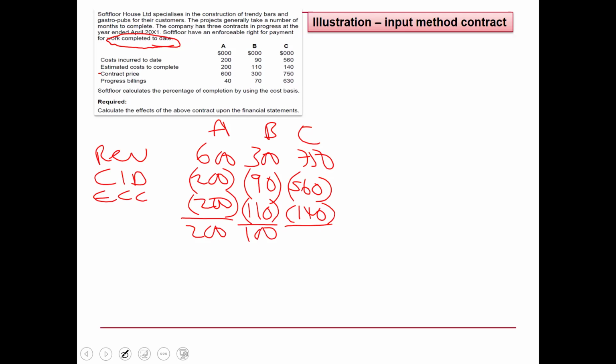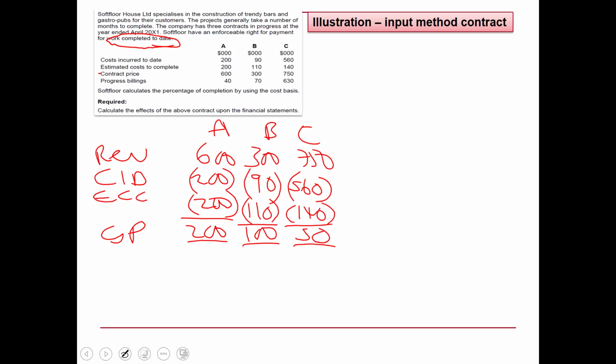Then from project C, 750 minus 560 minus 140, we anticipate a profit of 50. So the gross profit overall after completing this project is 200 for A, 100 for B, and 50 for C.